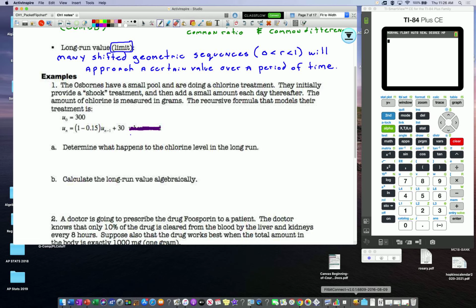We've got all these numbers here, and I want to explain what they represent. This 300 represents 300 grams of chlorine added as the shock treatment. So what they did was add 300 grams of chlorine in their pool initially. Boom, they dumped that much in.